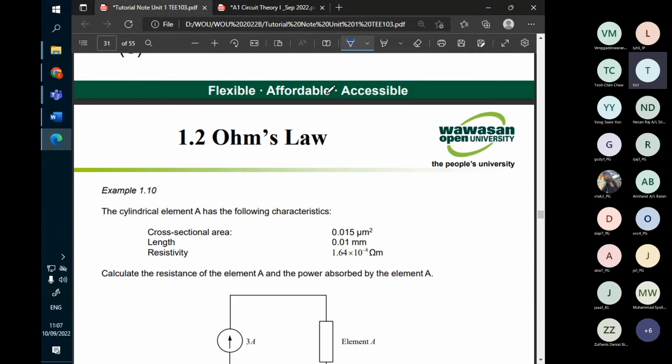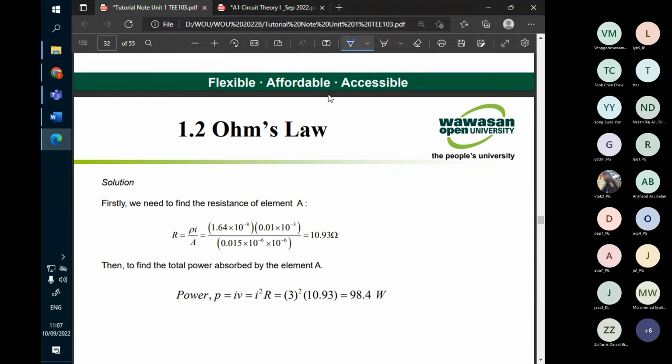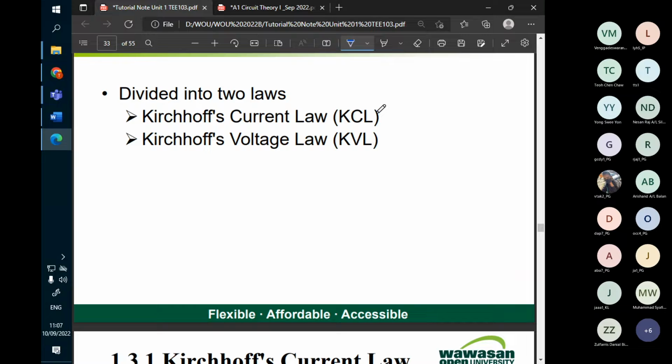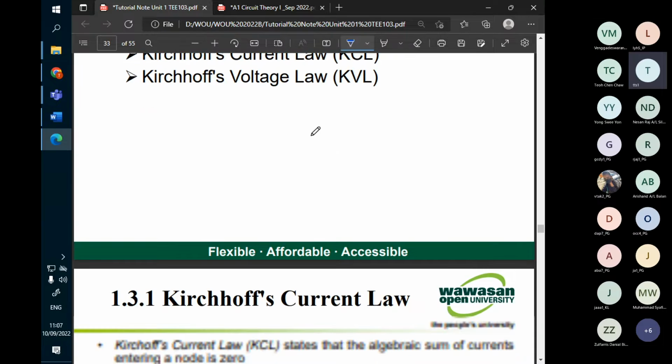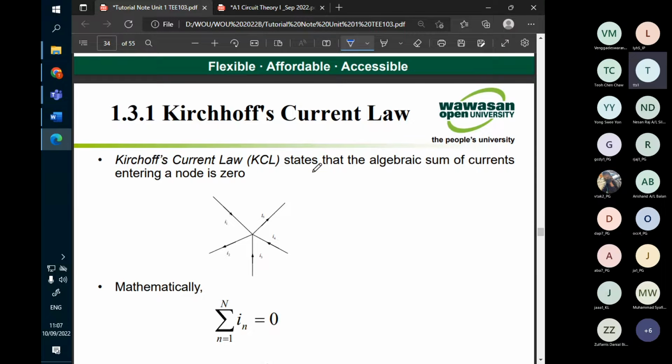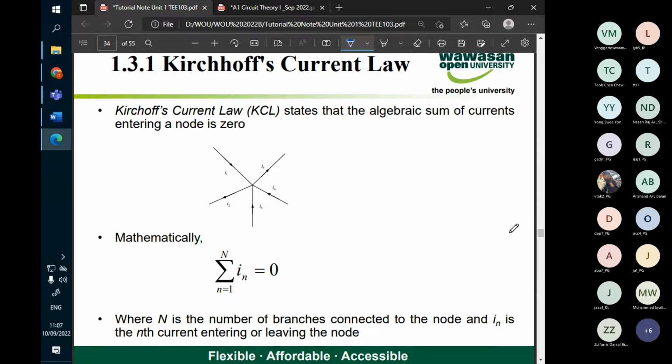But before we go, I really want to emphasize one thing, that you really need to understand clearly about these two laws. Beside Ohm's law, there are two more which are very important for unit 1. There's KCL and KVL, Kirchhoff's current law and voltage law. Let me take about 1 minute to go through this. For the current law, look at the different currents coming in or going out from this node.